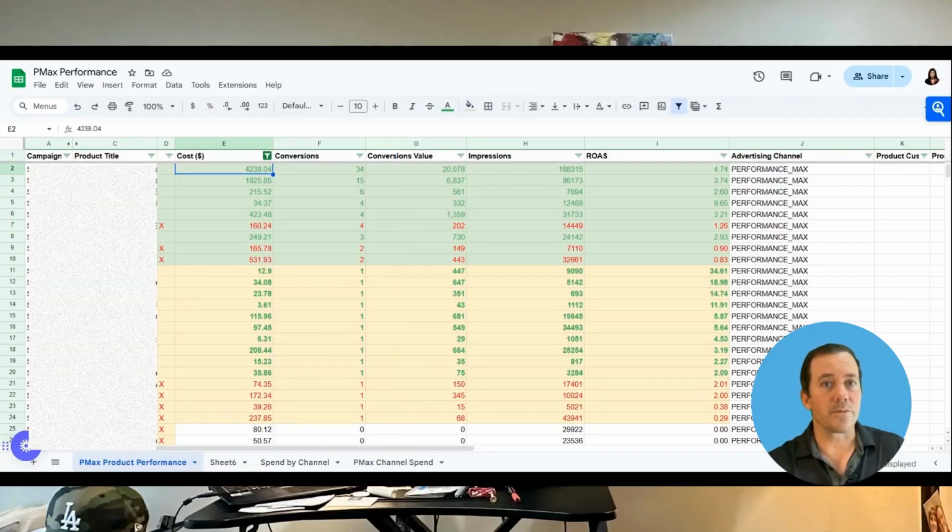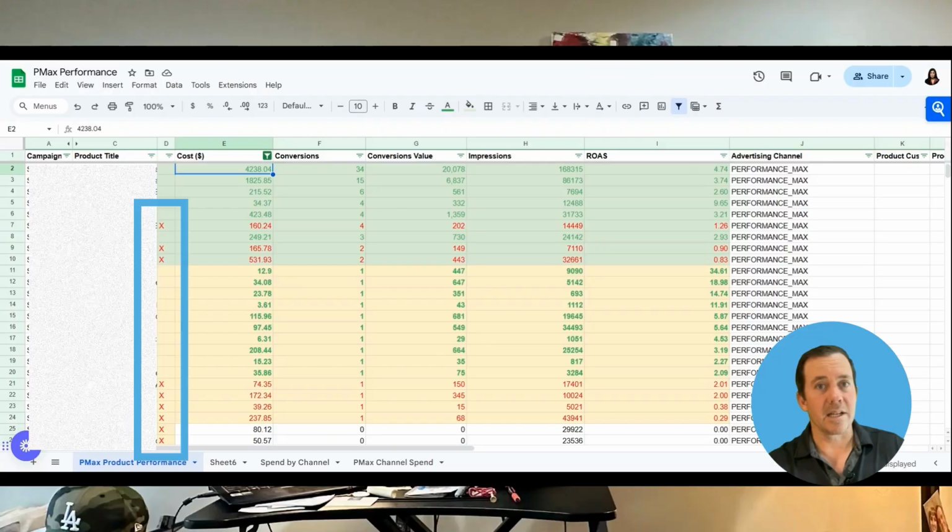Next, we want to flag products in a certain pattern that don't meet our ROAS target or our ROAS threshold. Here, we chose 200% as our ROAS threshold. Yes, 200% of course is low, but be careful here not to set the ROAS too high, since you could end up taking budget away from products that drive a decent amount of revenue or assist with other revenue.